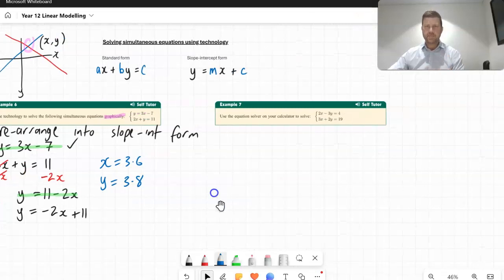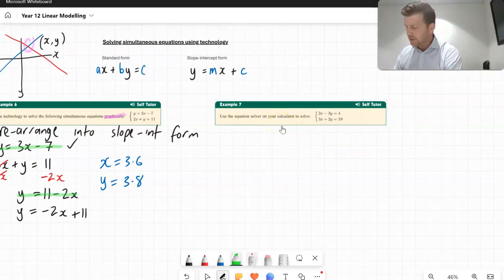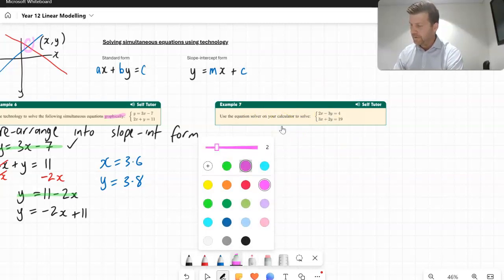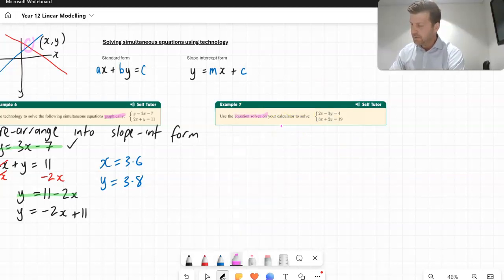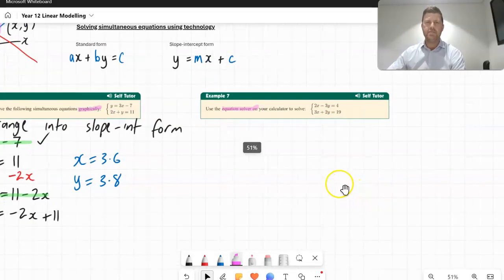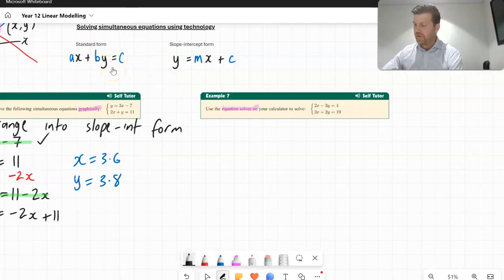So anyway, the second method I'm going to show you is using the equation solver on the graphics calculator to solve these simultaneous equations. This time, in order to use the equation solver, the equations need to be in standard form. So make sure you rearrange them into standard form.